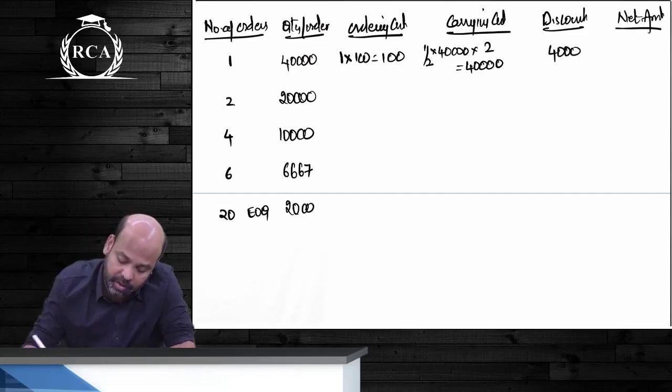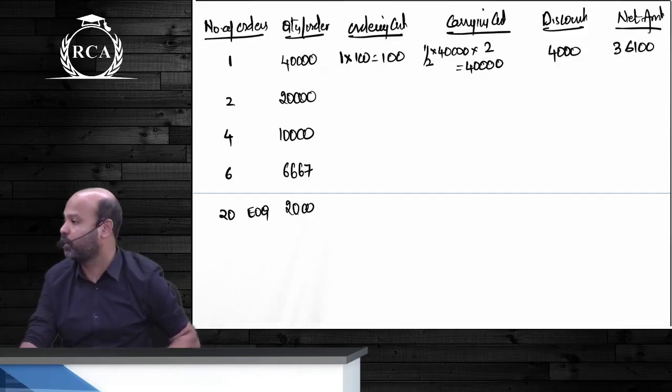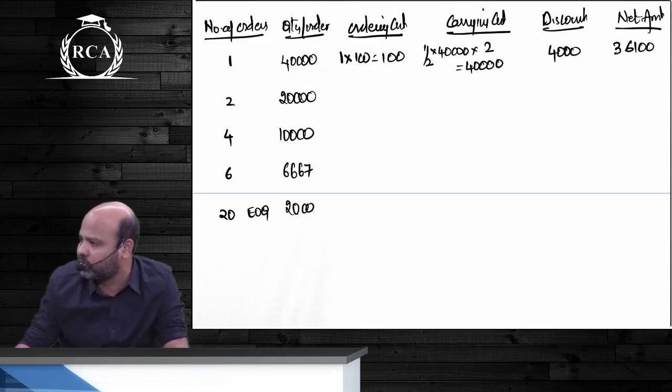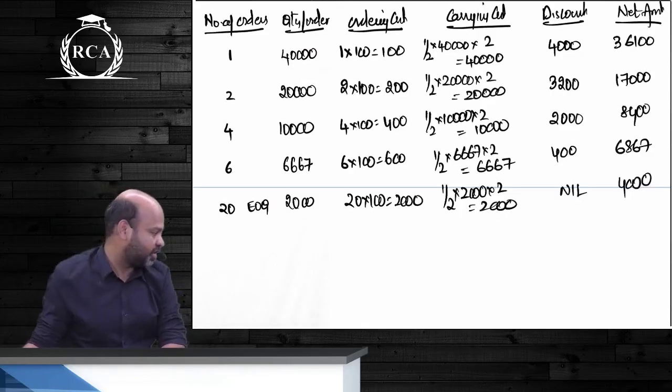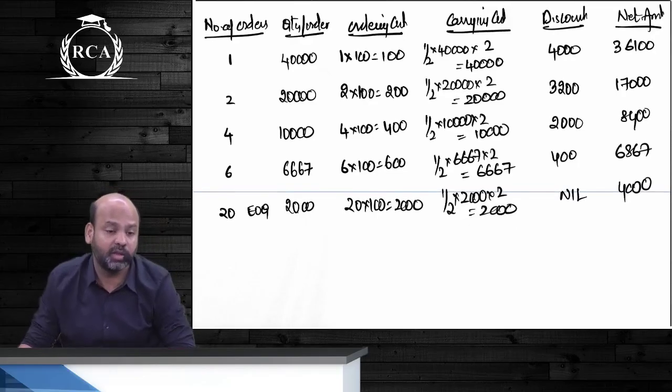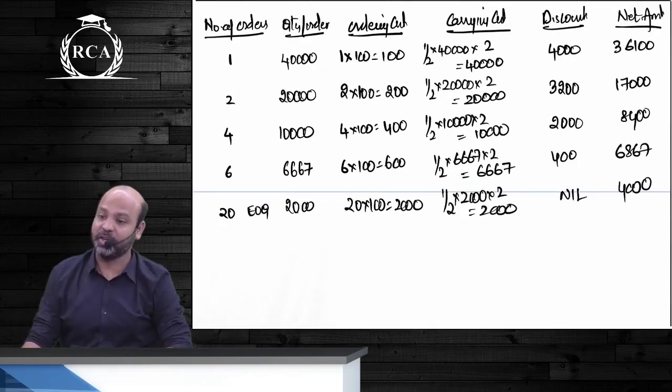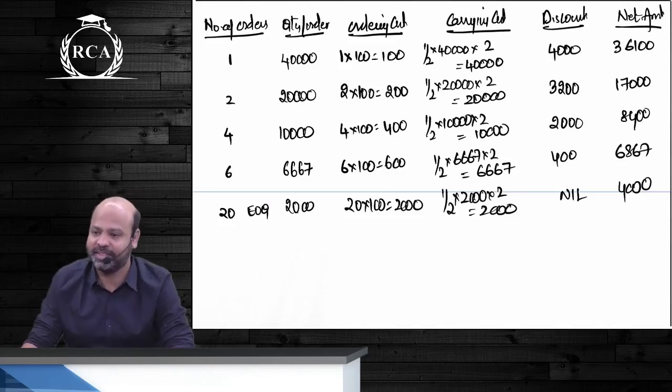So our net cost will become 36,100, that is 100 plus 40,000 minus 4,000. So the company will be incurring the least amount of cost when the quantity per order is 2,000 kgs, the EOQ.